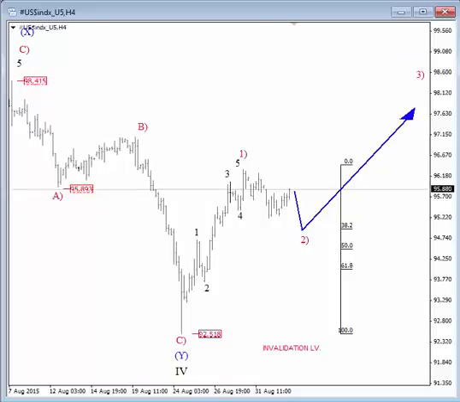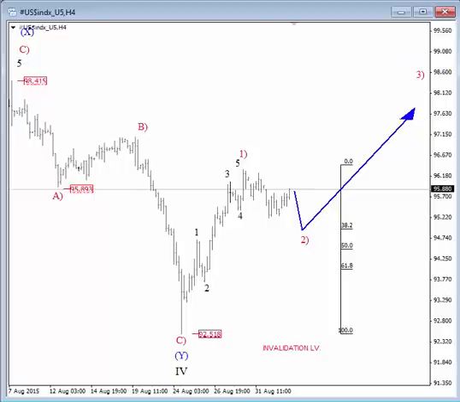Because I'm expecting more downside on stocks, I think that the dollar index can still make some pullback to lower levels. But once the S&P finds a bottom and turns back to the upside, back to bullish mode, I will be expecting the dollar index to break much higher.